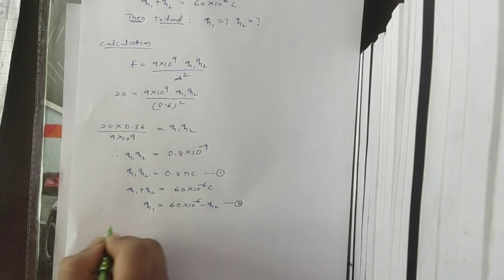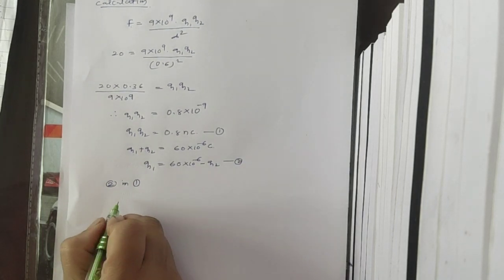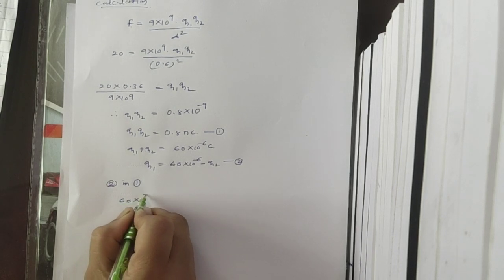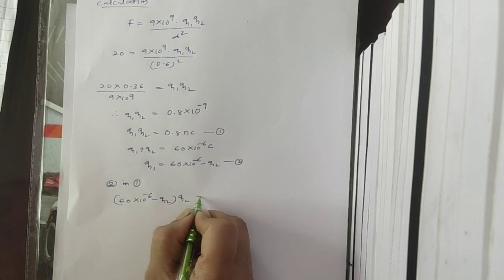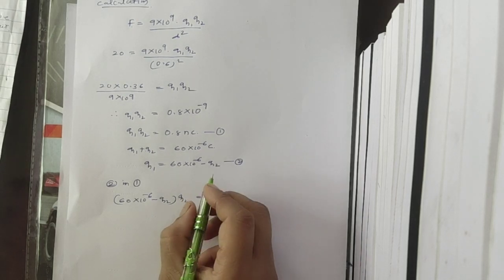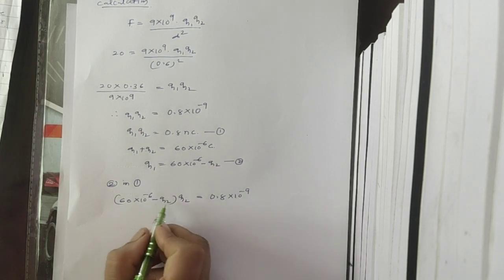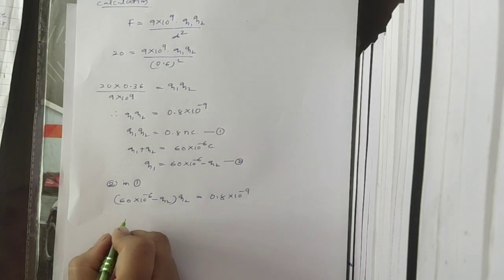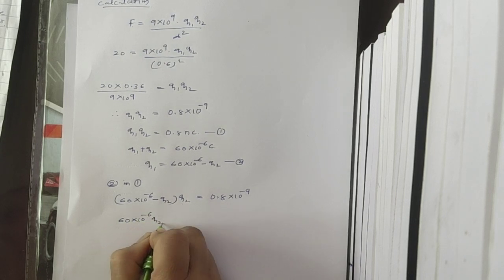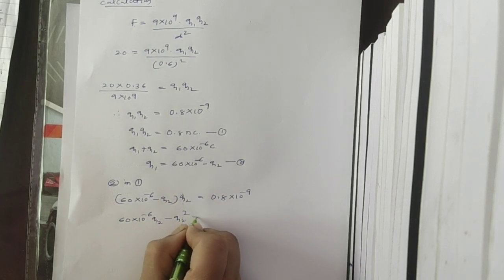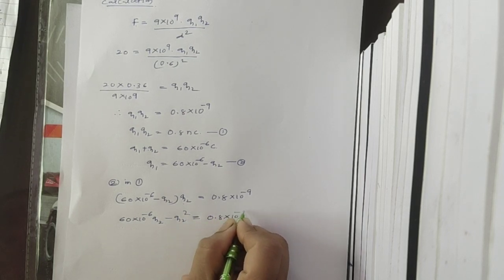This is equation 2. Putting 2 in 1: Q1 is 60 into 10 to the power minus 6 minus Q2, into Q2 equal to 0.8 into 10 to the power minus 9. Open the bracket: 60 into 10 to the power minus 6 Q2 minus Q2 square equal to 0.8 into 10 to the power minus 9.